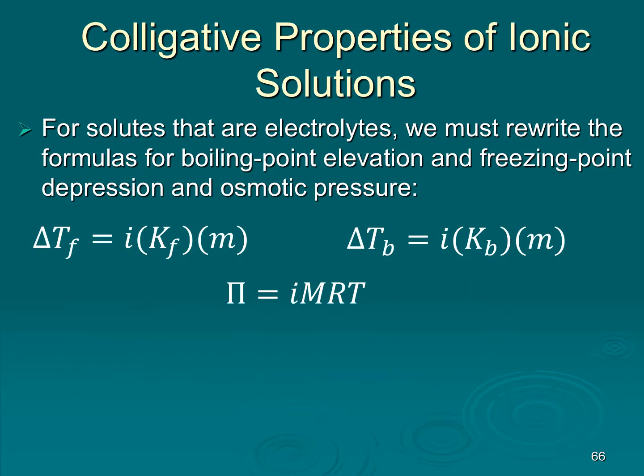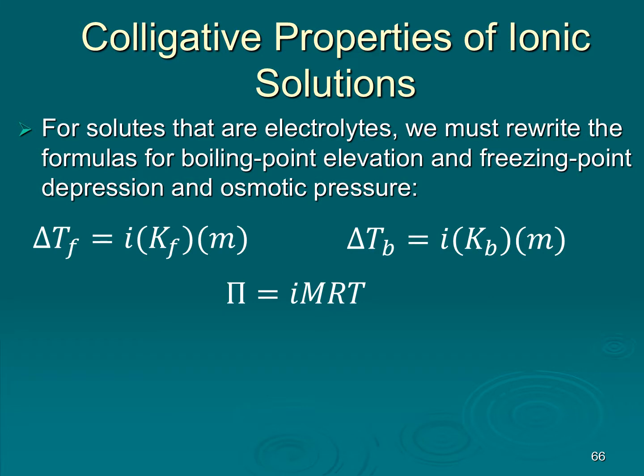So actually, these are a little bit better formulas to remember for these colligative properties. For any solute that is an electrolyte, we have to use these formulas, and we have to take into account how many particles that ionic compound will break apart into. And so we use the little value i to indicate that.